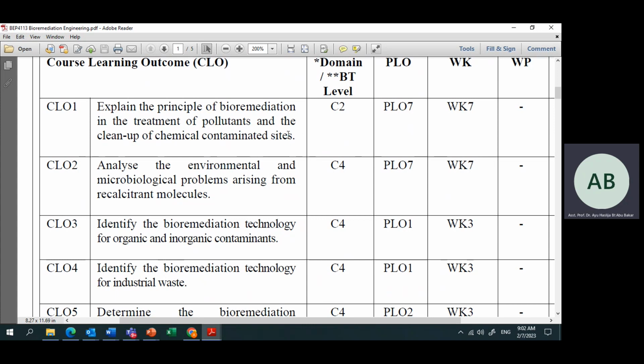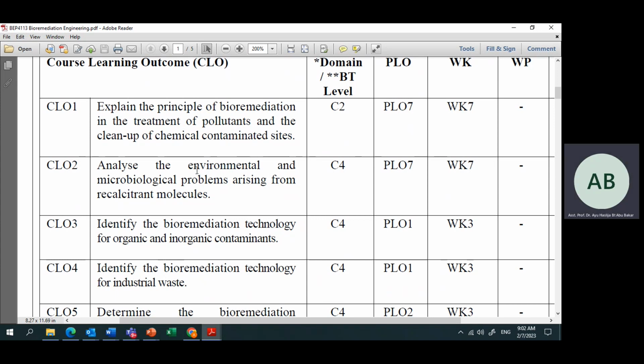So this one, the types of bioremediation technique, in situ, ex situ. In situ, what are the methods? In ex situ, what are the methods? Okay, and the mechanism and the illustration.